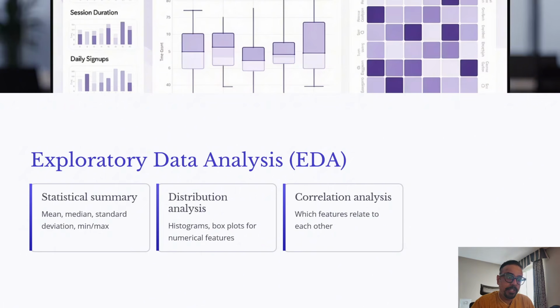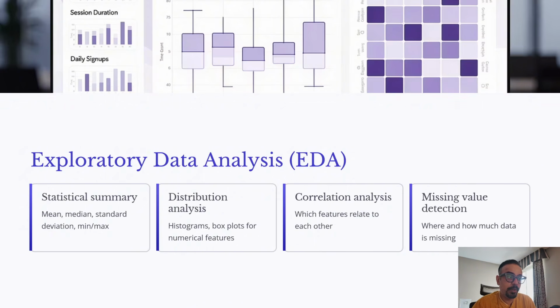Highly correlated features might be redundant. If square footage and number of rooms have 0.95 correlation, you might only need one of them. No need of having multiple features which are very correlated to each other, especially with a 0.95 correlation score.